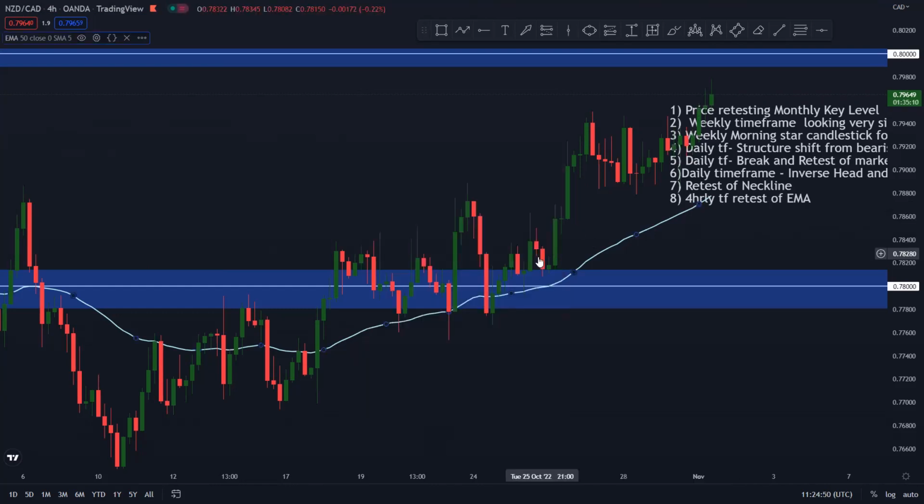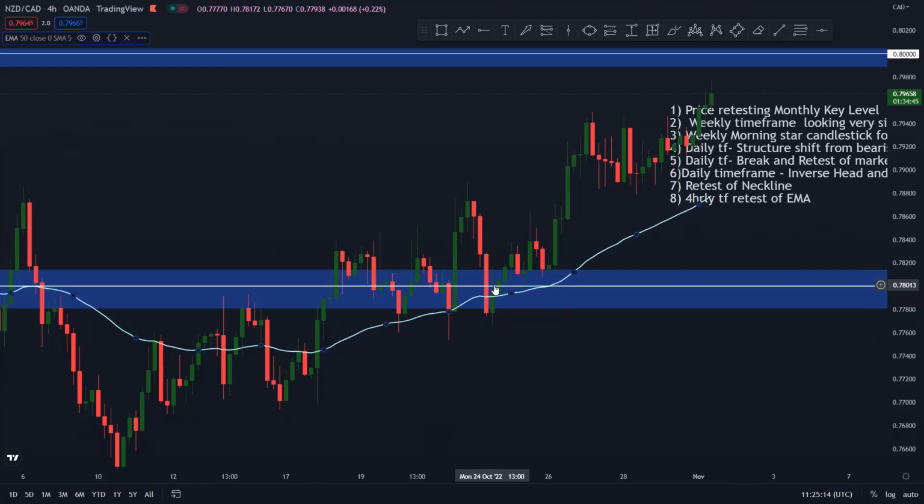Because we are above the exponential moving average, it is expected to act as a dynamic support. So we're having so many confluences at this very exact level, which is why we needed to jump in on that buy trade at the retest of this level.